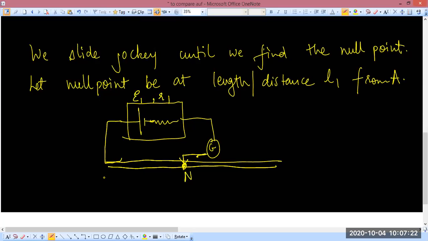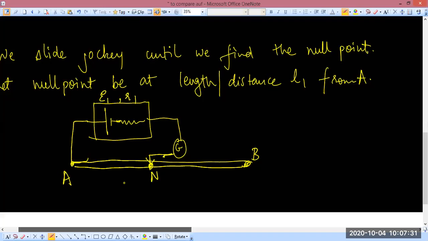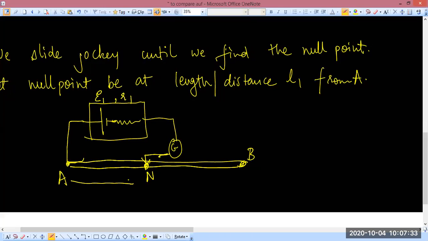Now comes the most important part of this. Keep this diagram in mind, everyone. This length is L1. Here the current is 0, I hope that is clear. And here there might be some current, we don't know how much.